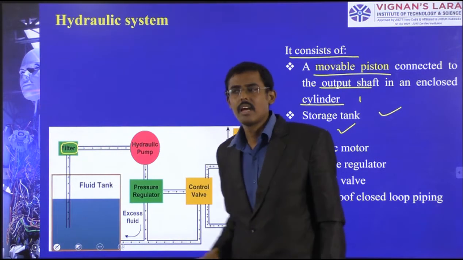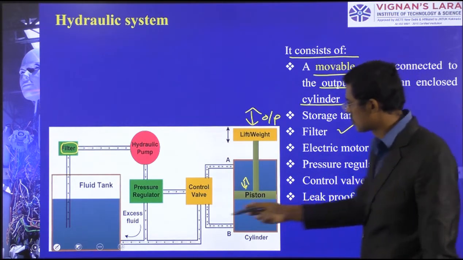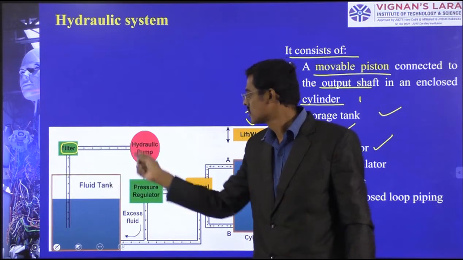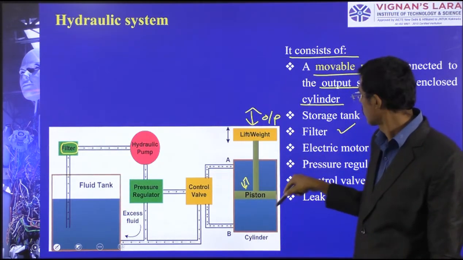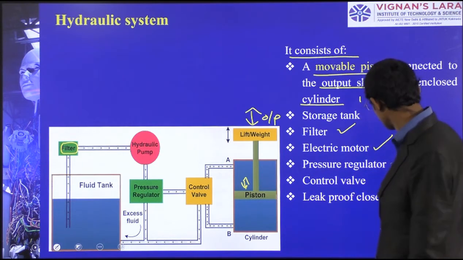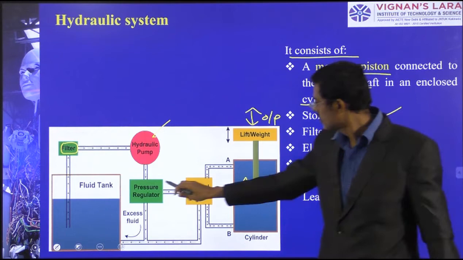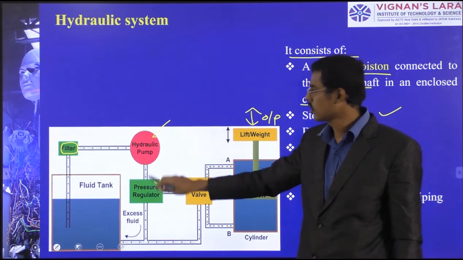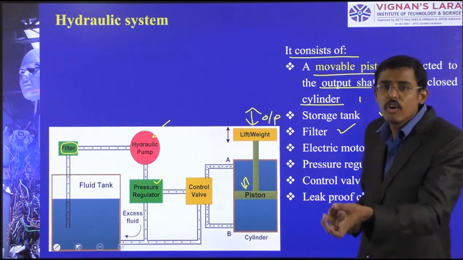filtered here. After filtering, we have an electrical motor which pumps this fluid to the connection of the cylinder to operate. So the electrical motor and the pressure regulator. The electrical motor provides the pumping action, and the pressure regulator controls how much fluid flow we need.